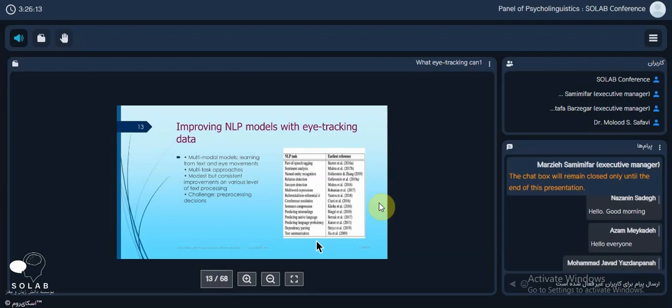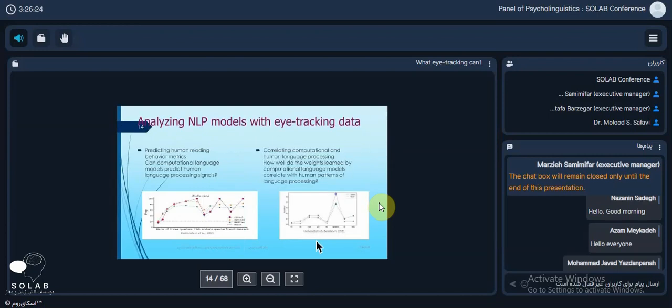You can't talk about what happened before processing the language. That is the weakness of eye tracking. And we can solve it by synchronizing or registering a different method like EEG or fMRI.